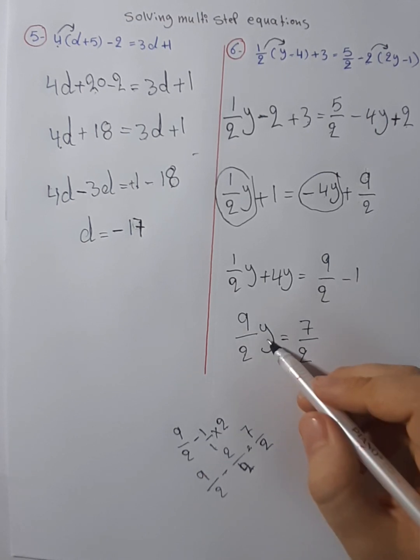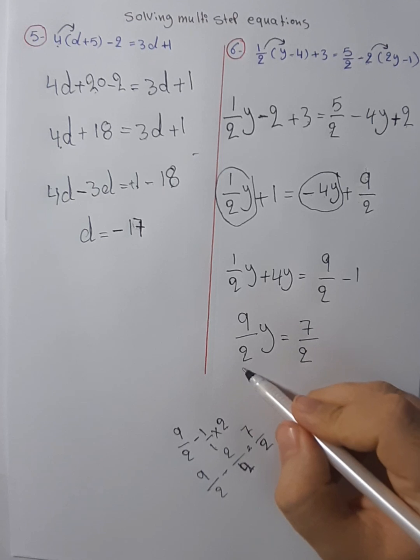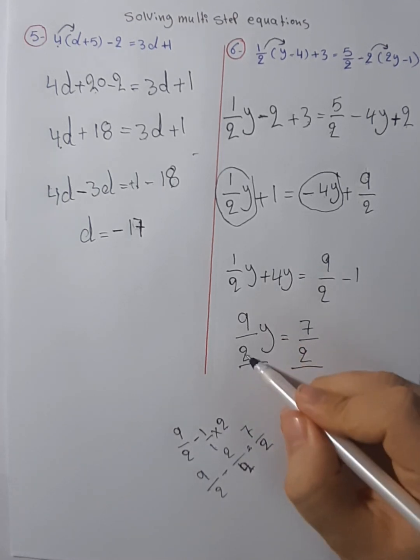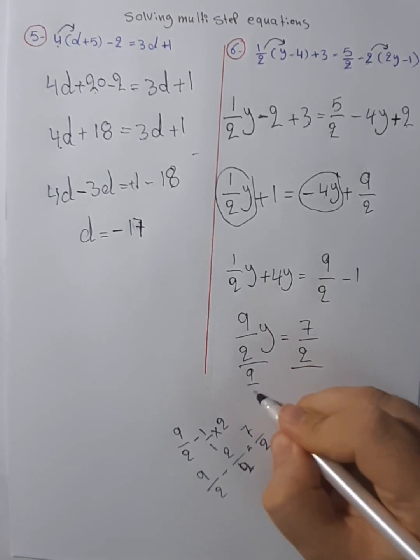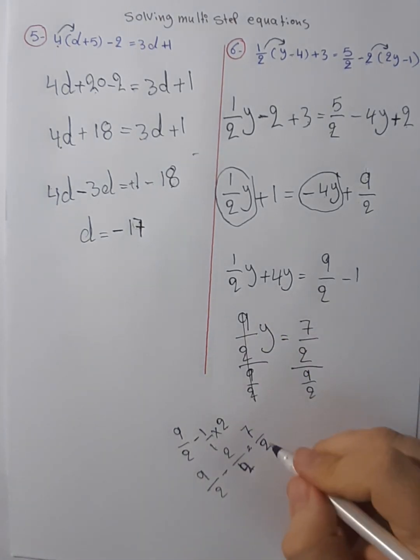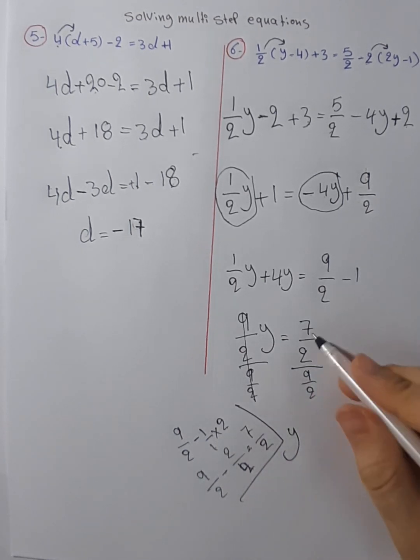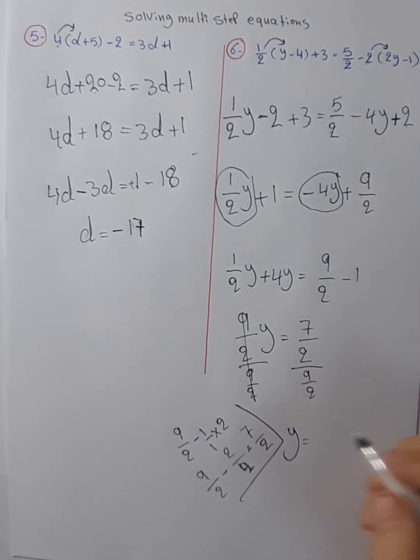After that we have a multiplication equation. 9 out of 2 multiplied by y equal to 7 out of 2. We have to divide both sides by 9 out of 2. These two fractions are reduced, y stay, and then you have to divide these two fractions. 7 out of 2 divided by 9 out of 2.